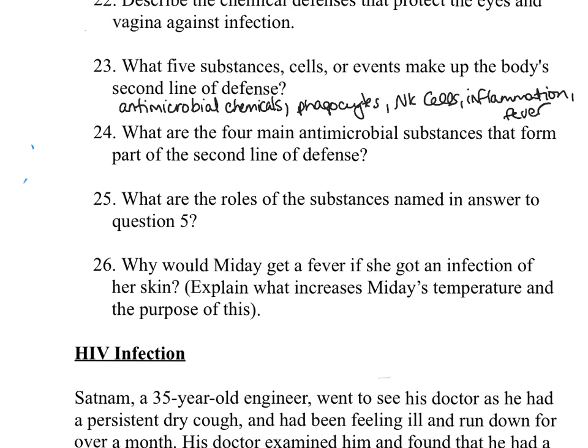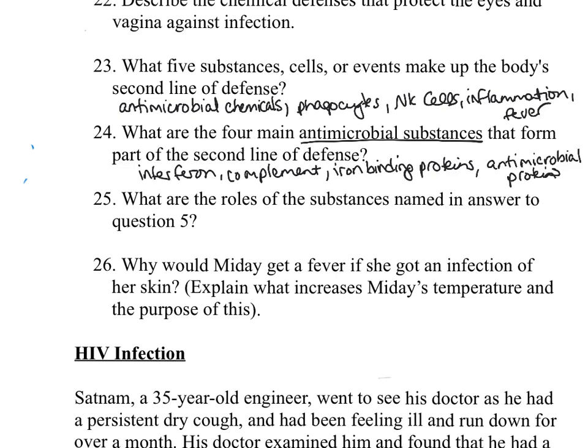Number 24, what are the 4 main antimicrobial substances that form part of the second line of defense? The antimicrobial substances forming the second line of defense consist of interferon, the complement system, iron-binding proteins, and antimicrobial proteins.